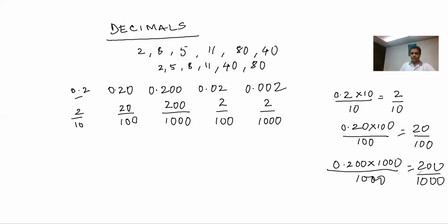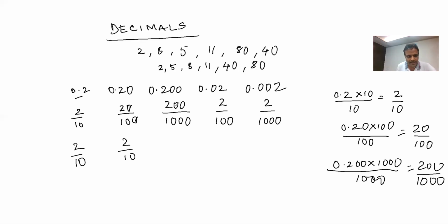Now, we also studied in the last class, class 5, that all these fractions can be simplified. Simplification means asking whether this can be solved further. This one is in the simplest form. Can this be simplified? Yes. I can cancel a 0 in the numerator and a 0 in the denominator, so this is 2 by 10. This also is 2 by 10.